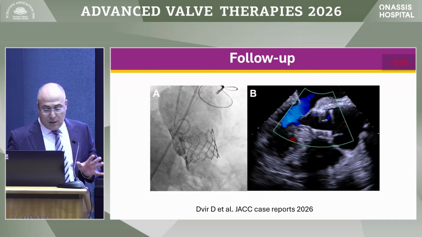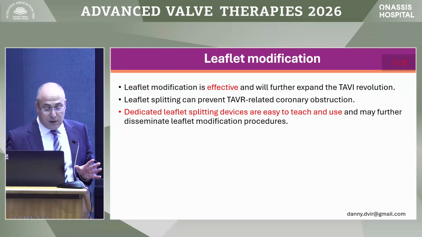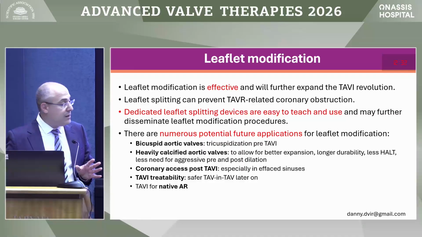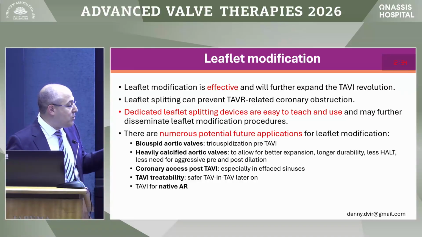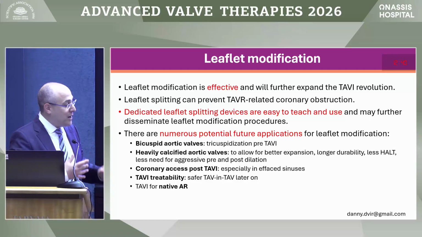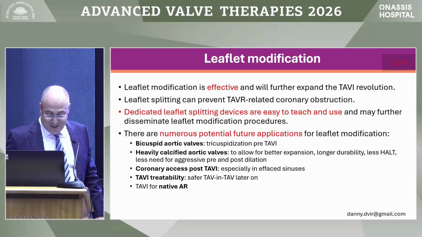We did several cases already. I'm looking for a bigger registry on that, and this is one example of expanding leaflet modification to unusual stories, but I'm sure that eventually we'll have many different situations related to that. So thank you very much for your attention.